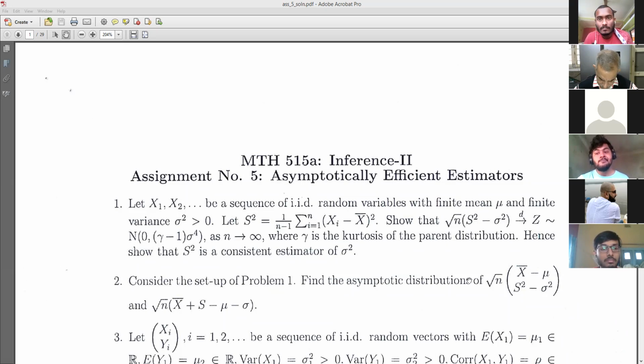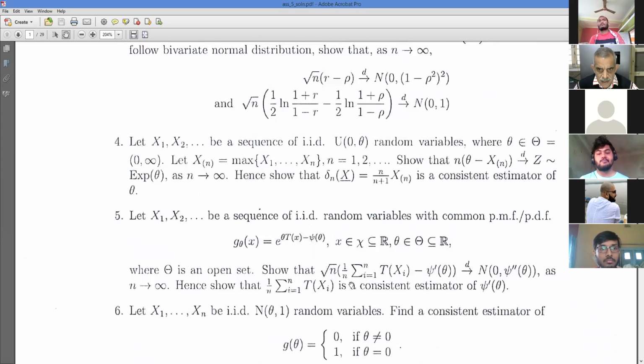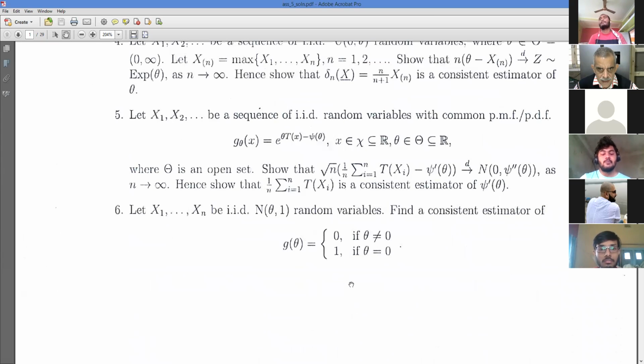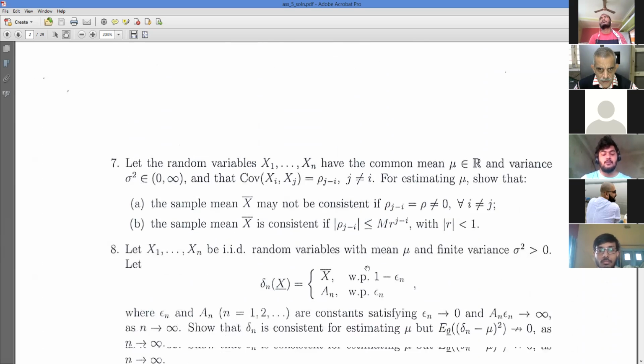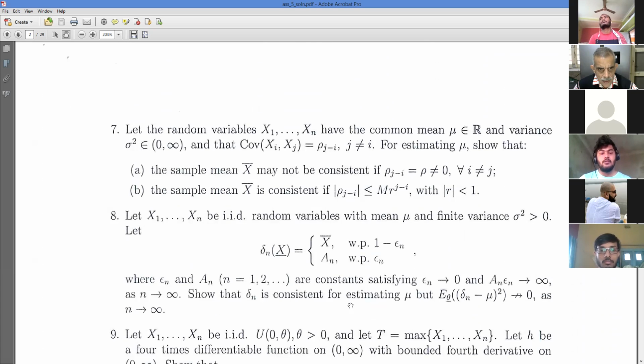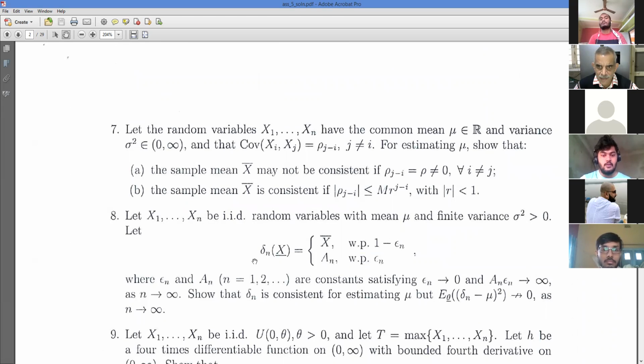Yes, anybody? I think that example which you're talking about, let me see if I can find it. So this is the example, right? Let us look at problem number 8.